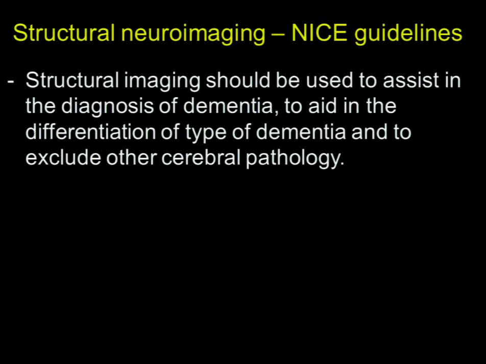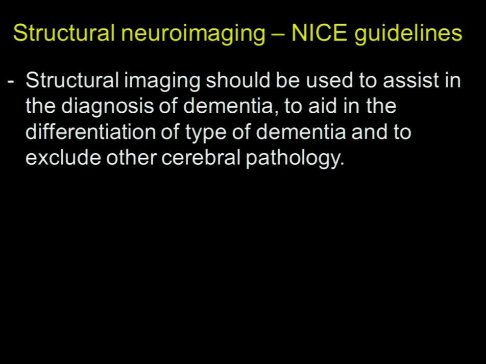So why should we undertake structural brain imaging at all? Well, as many of you will know, in this country, we're looked over by NICE, the National Institute for Clinical Excellence, and NICE came out with some guidelines to help us with this and say that structural imaging should be used to assist in the diagnosis of dementia, to aid in the differentiation of the different types of dementia, and to exclude other cerebral pathology.